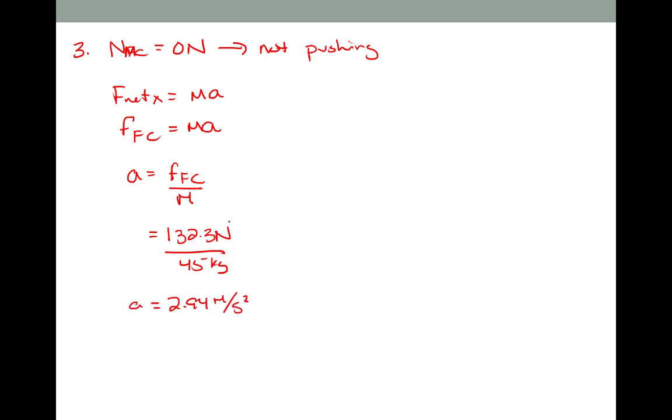The 132.3 newtons is what we found, you might remember, in the last part for the force of friction. It is still valid here because it is kinetic friction still, and kinetic friction is single valued.